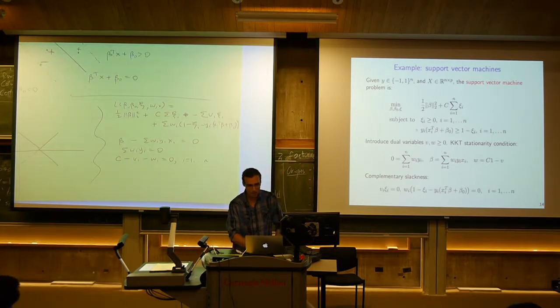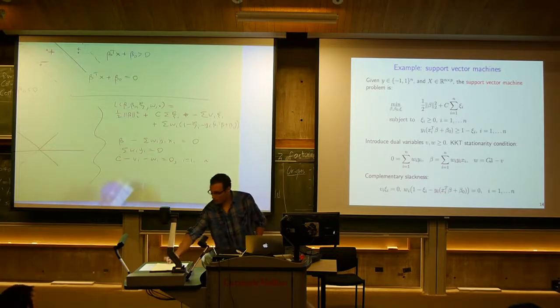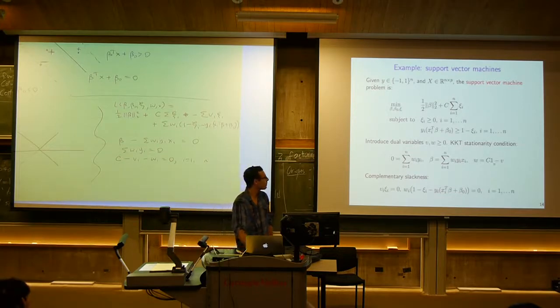And I've written them here just rearranged. Beta must be equal to the sum of w_i y_i x_i. And this I've just written in vector form by introducing the vector of all ones: w must be equal to C times the vector of all ones minus v. In complementary slackness, we actually have two terms, because we have two inequality constraints.